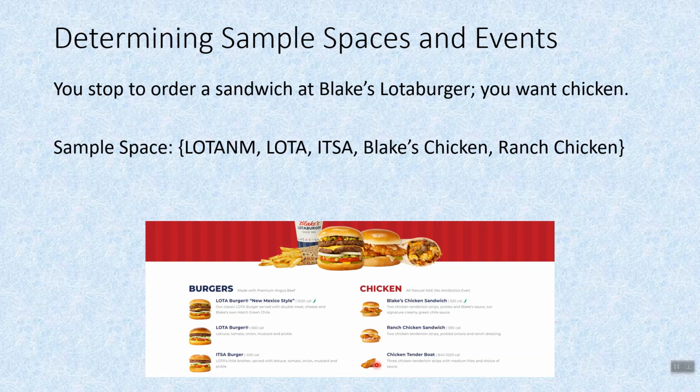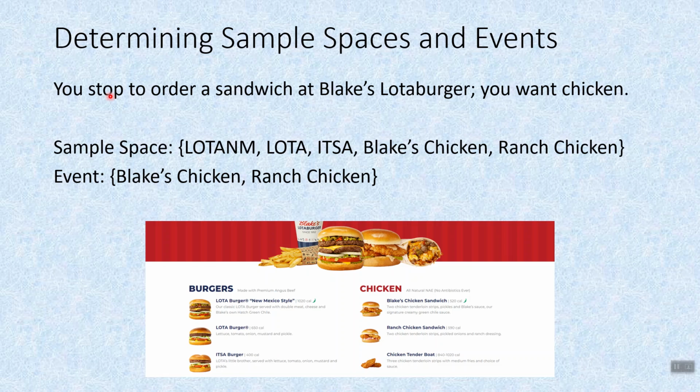So we want to list our sample space. That's the Lotta New Mexico, the Lotta, the It's a Burger, the Blake's Chicken, and the Ranch Chicken. But the event that we want, after the semicolon, you want chicken. So we don't want a burger. We definitely want a sandwich. Don't want our hands getting greasy with those. So our event is just the Blake's Chicken Sandwich and the Ranch Chicken Sandwich.